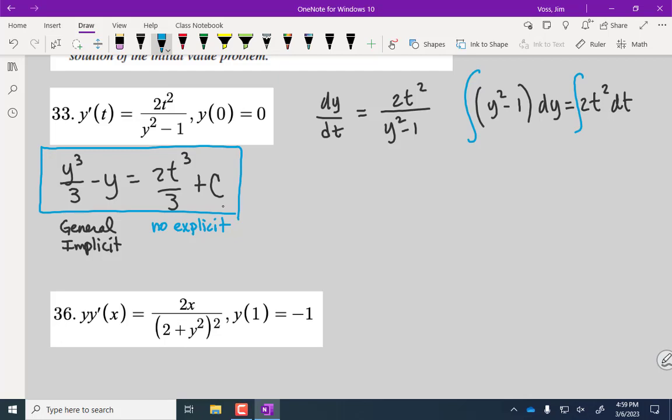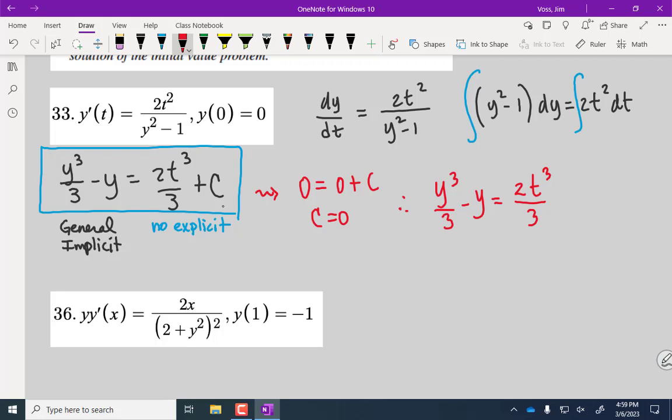Now we can find our particular though. So let's come over here to find our particular. y of 0 is 0. So 0 equals 0 plus c. So c is equal to 0. All right, so there is our implicit particular.